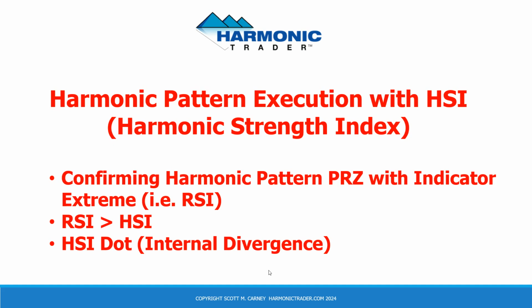But what defines the opportunity is what I consider a critical step with confirming a pattern, which is some kind of indicator extreme. I started with relative strength index. Everyone knows relative strength index. You can get it as a free indicator, but you're looking for the indicator to define the relative movement as extreme or not, and then lay that on top of the proper pattern metrics. What we're doing with HSI, harmonic strength index, is an advancement of RSI.